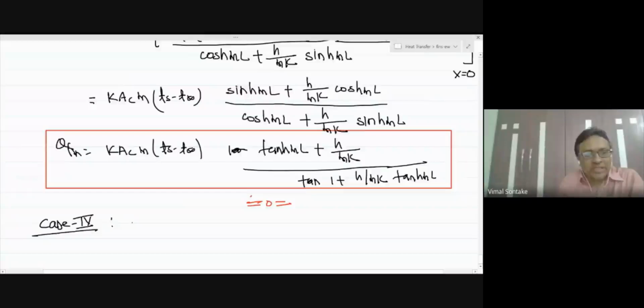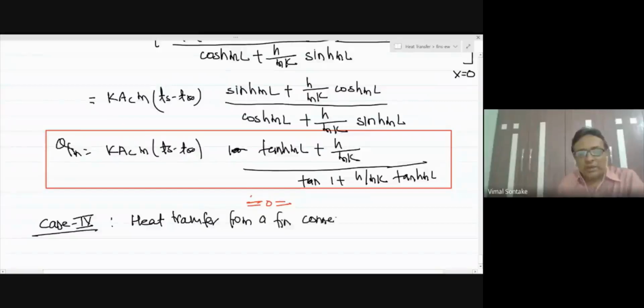So the last case is heat transfer from a fin connected to two different heat sources, or you can say surfaces.